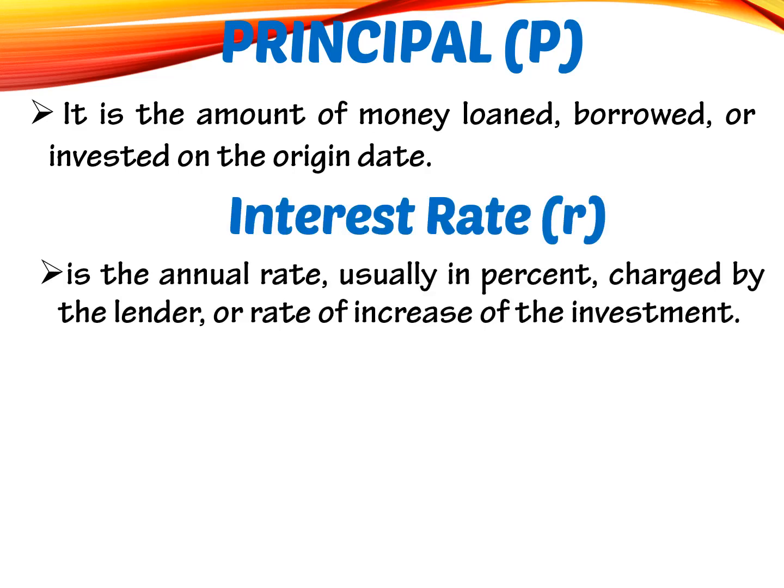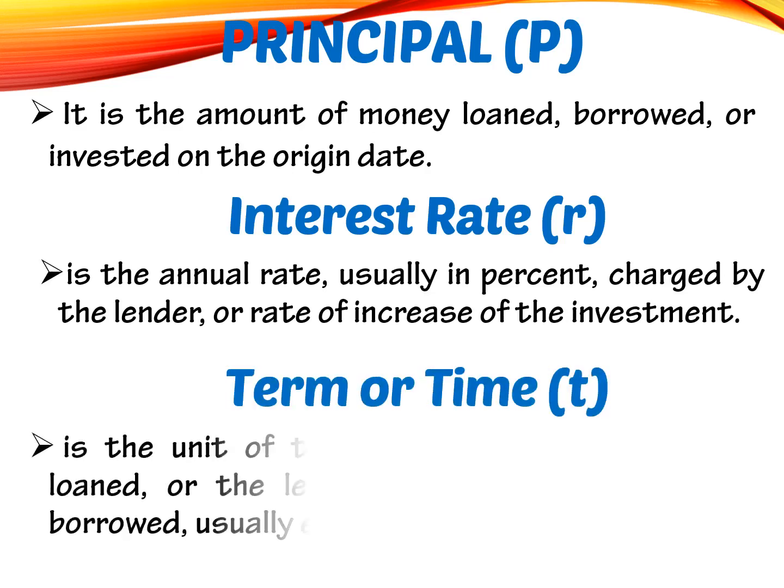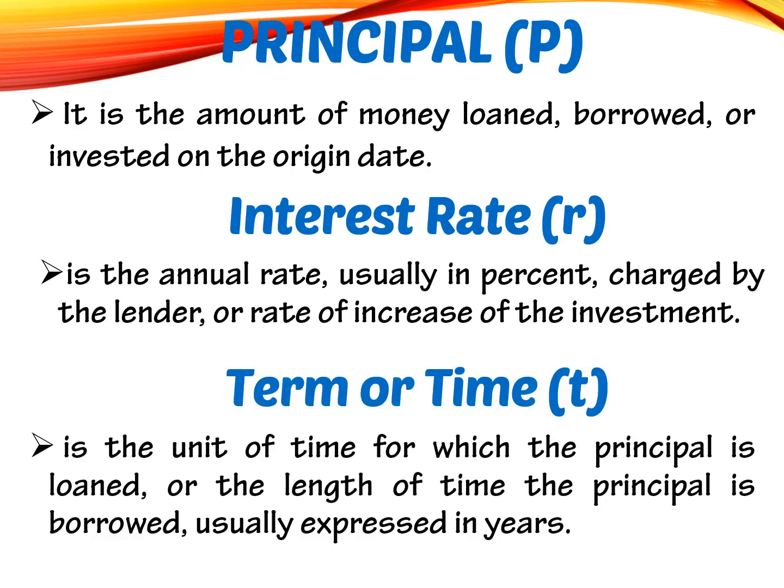So, ito yung porsyento ng tubo sa perang inutang. We also have the term or the time. It is the length of time the principal is borrowed, usually expressed in years, pero pwede din siya in months, by days, or kung ano man yung mapagkasunduan ng lender at borrower.